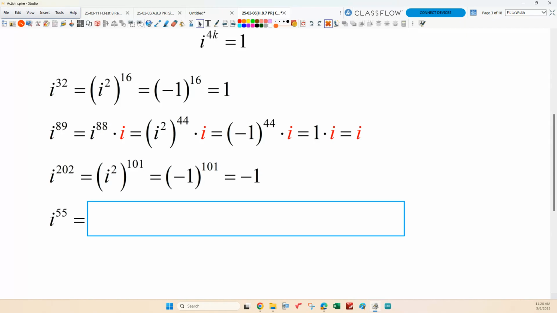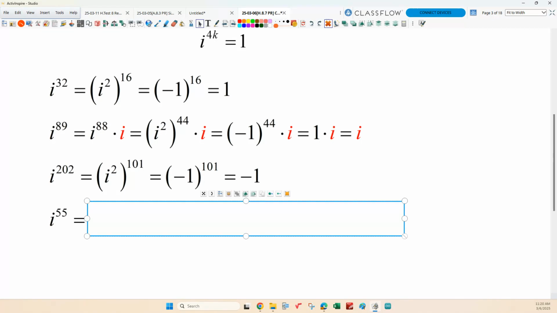And so you can already kind of think ahead. What's the answer going to be? If it's I to the 54, what's that going to end up being? Is half of 54 odd or even? Half of 54 is what? Oh, so it's odd. Okay, so what's the answer going to be?